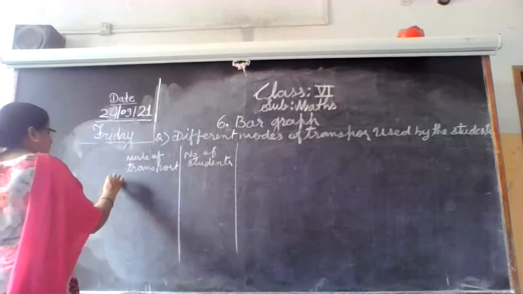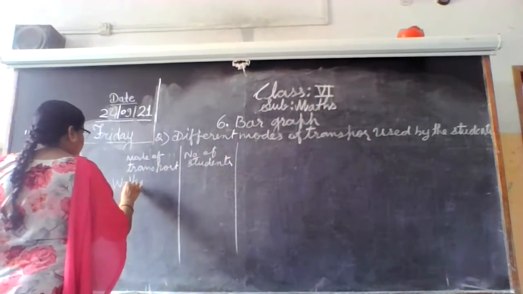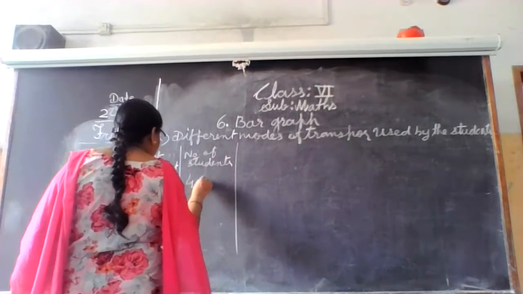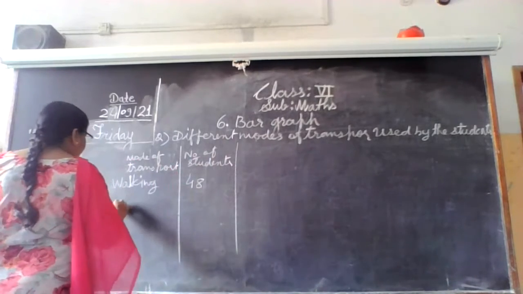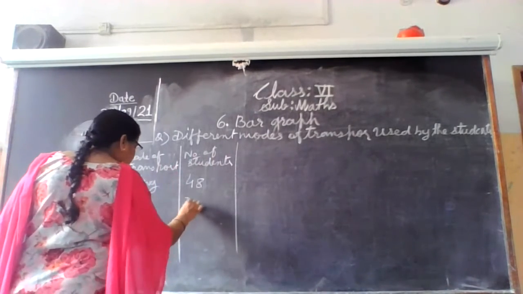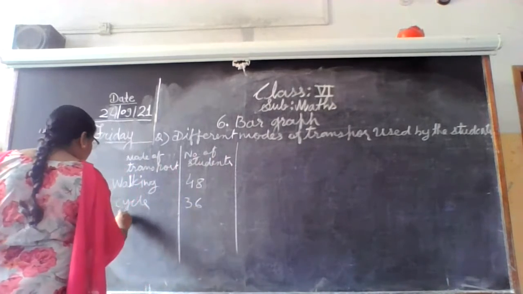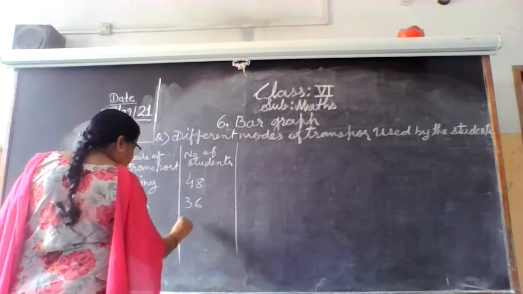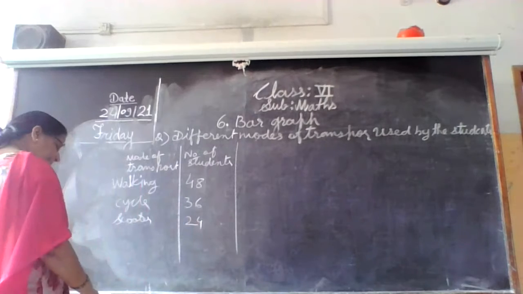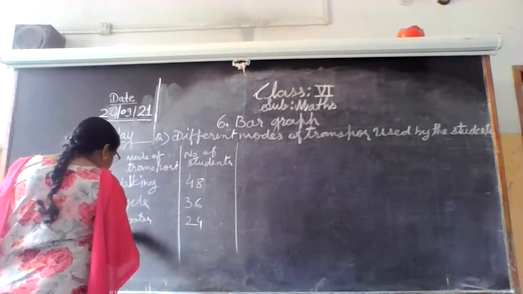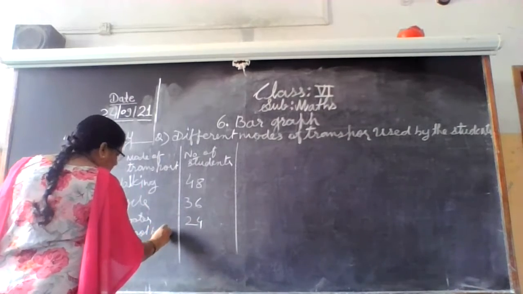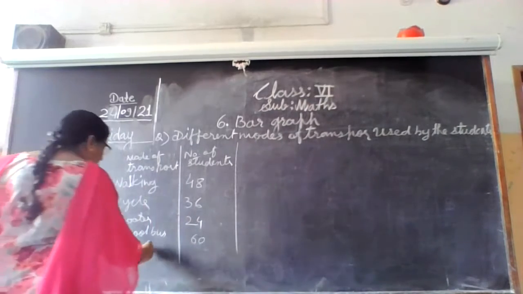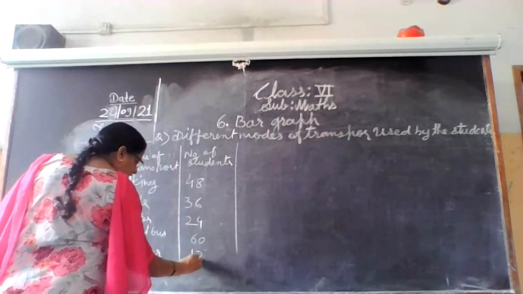So by walking, 48 students come, and by cycle 36 students come, scooter 24, school bus 60 students prefer school bus to come to school, and by car 12 students come.